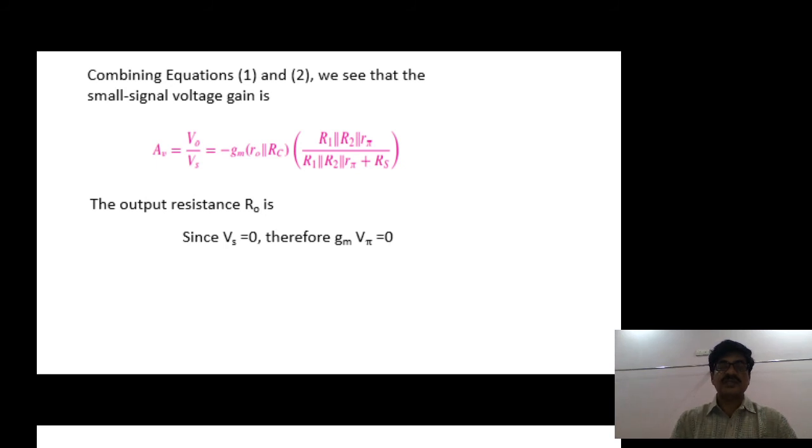Therefore, the output network consists of two resistors in parallel, one is small R0 and another one is RC. Therefore, the output resistance is R0 parallel RC. So like that you can estimate the input resistance, voltage gain and output resistance. Right? This is the analysis of the CE amplifier.